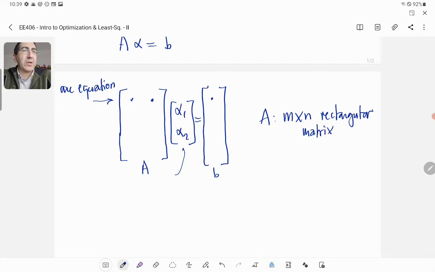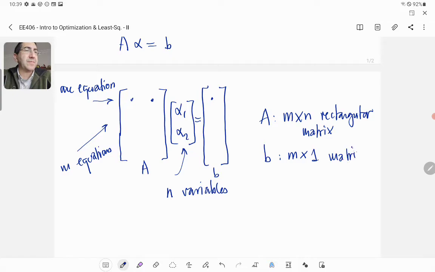Here I have n variables and I have m equations, and therefore B is an m by 1 matrix. It's a column matrix essentially.